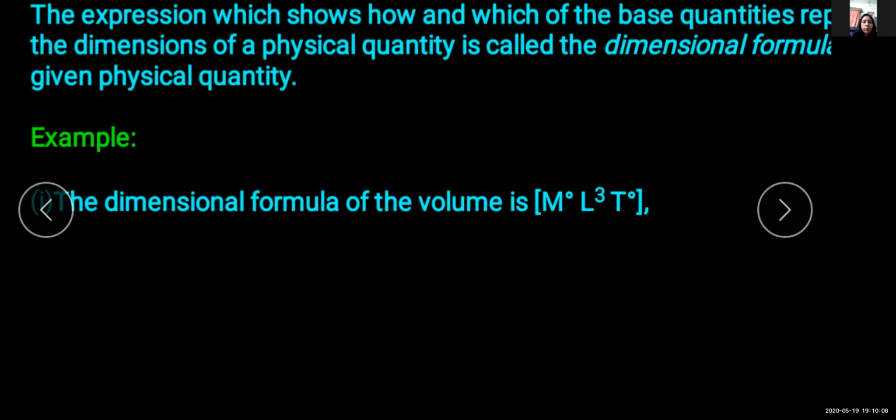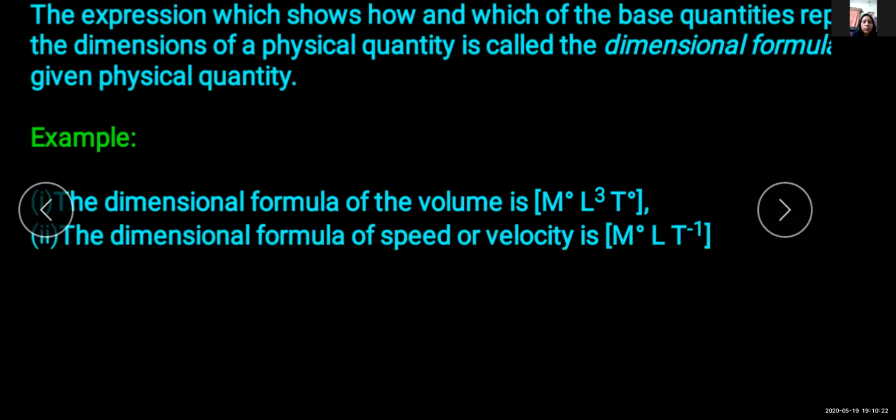So the dimensional formula of volume in terms of MLT is [M^0 L^3 T^0]. The dimensional formula of speed or velocity is meter per second, [M^0 L T^-1].